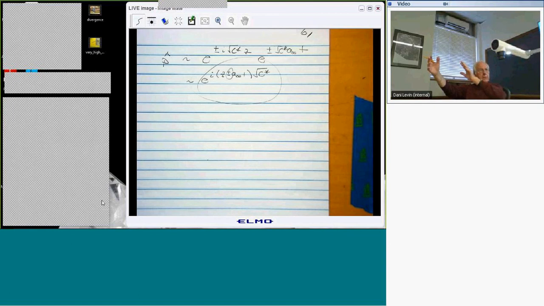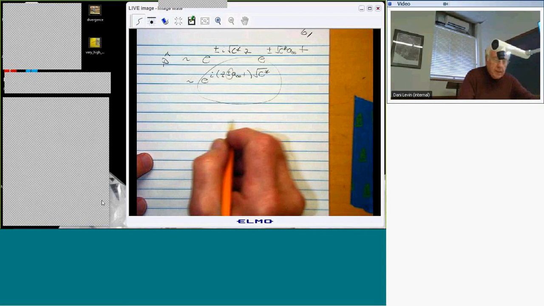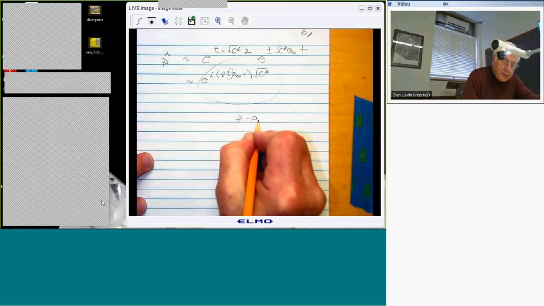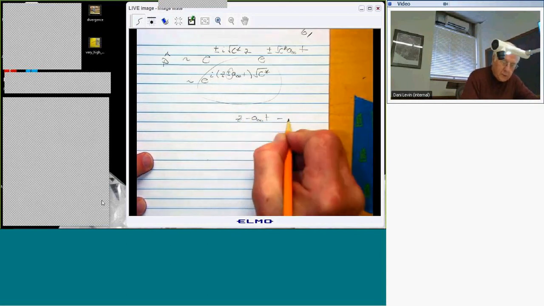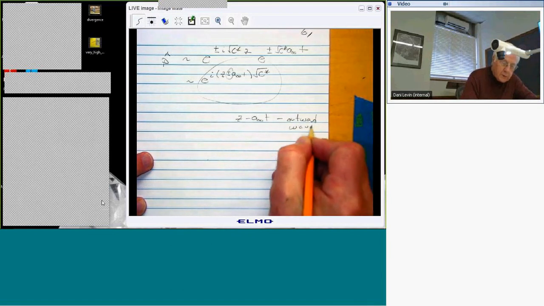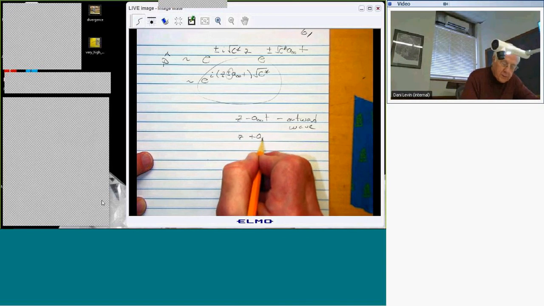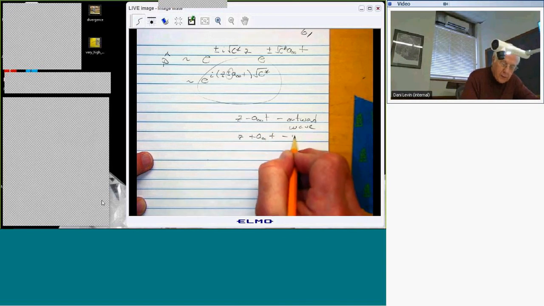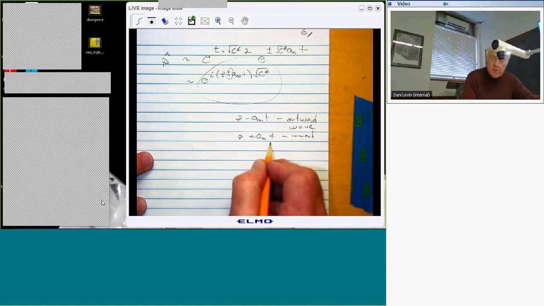As T increases, Z must increase also in a positive sense for Z minus A infinity T to remain constant. So Z minus A infinity T represents the outward wave. And conversely, the plus sign represents the inward wave, because as T increases, Z must decrease for the combination to remain the same.